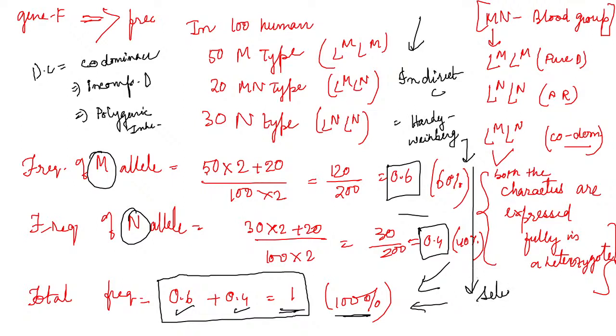Selection, where nature selects the one who is adapted. Mutation, where there can be a different allele from the dominant and the recessive, right? This was not included. Migration was not included in the Hardy-Weinberg principle. It was a large closed population, where you will find mates in your own population only.